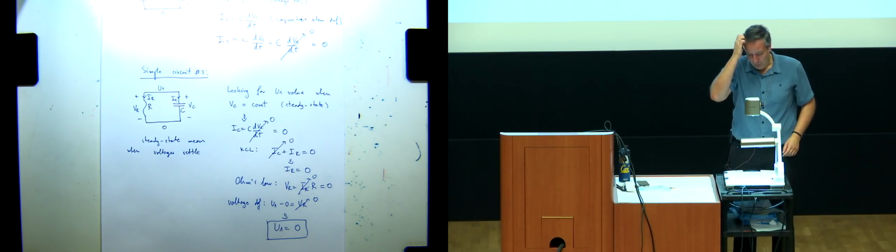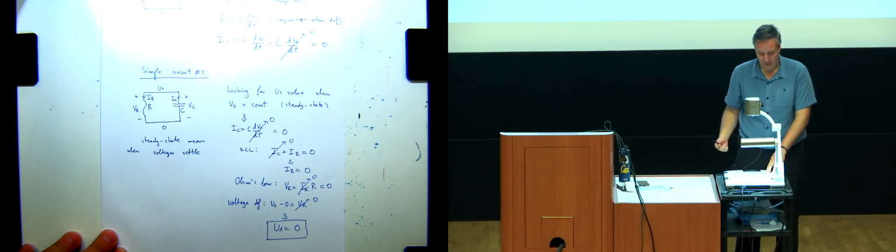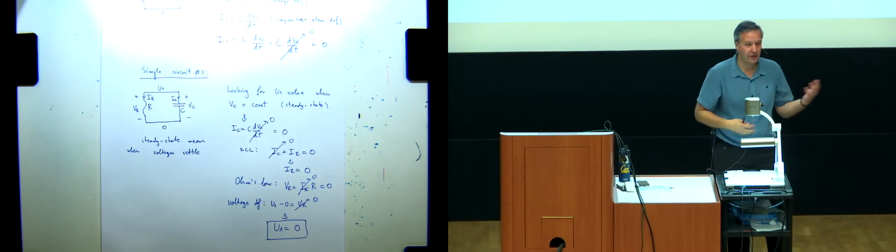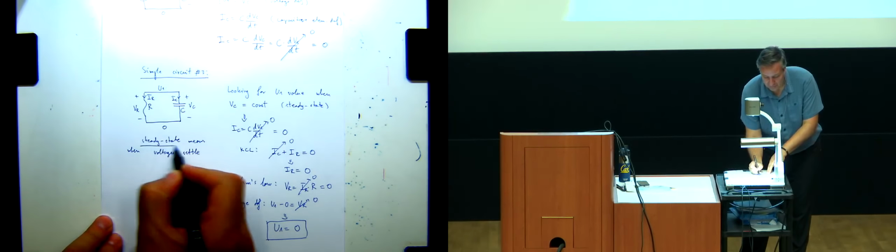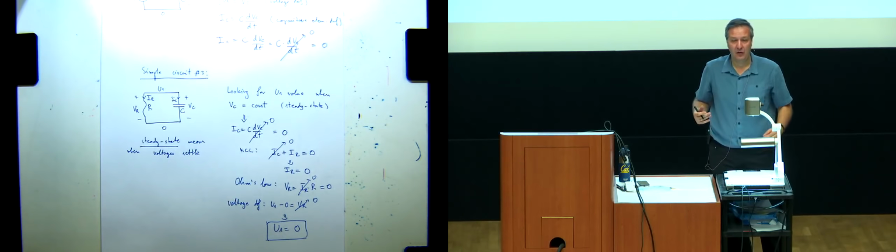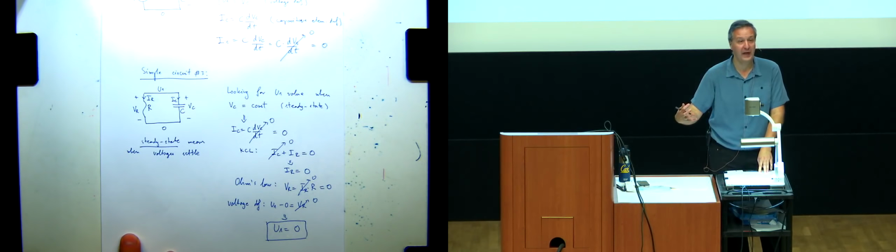Okay, so the bottom line in these types of circuits, even if there is some voltage source, when you're asked what's happening in steady state, that means there is constant voltage on the capacitor. You can assume that.